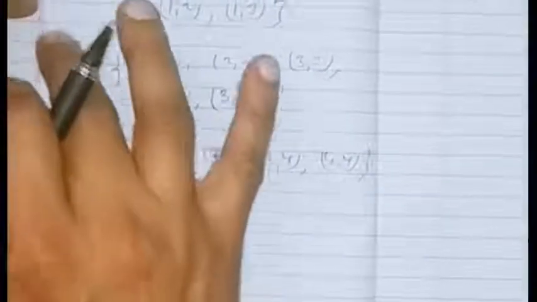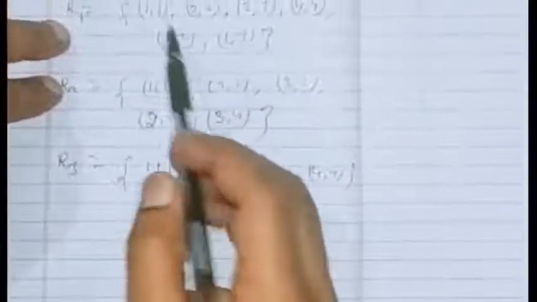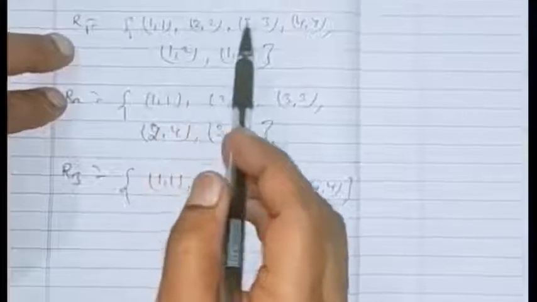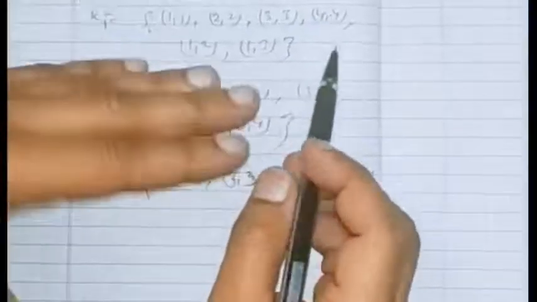Which one of R1, R2, and R3 is reflexive or not reflexive? How to identify? Here R1 is reflexive because (1,1), (2,2), (3,3) and (4,4) are all present in this relation R1. Hence R1 is clearly reflexive.